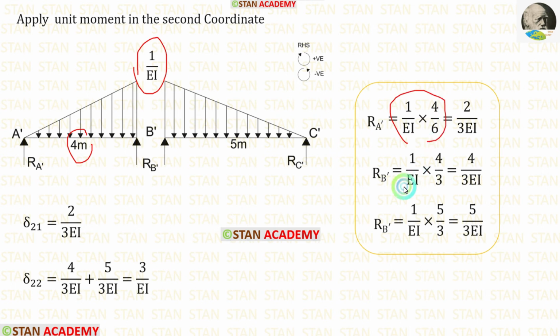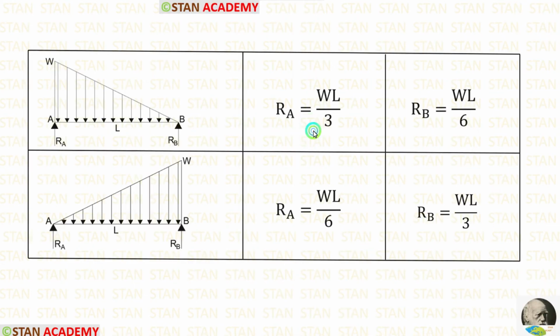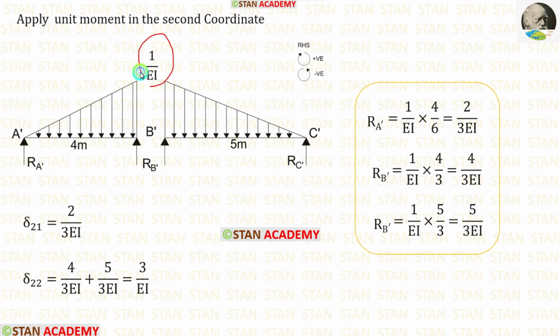When we apply the values inside the formulas, we are getting 2 upon 3 EI and 4 upon 3 EI. In the second beam, we have to calculate RB dash. The formula is WL upon 3. Here W is 1 upon EI, L is 5. When we apply the values inside the formula, we are getting 5 upon 3 EI.